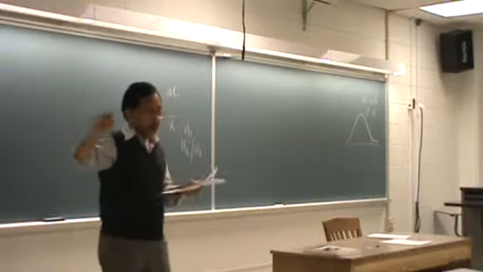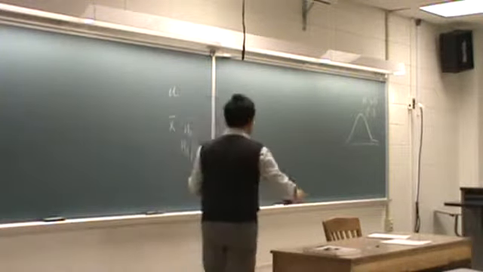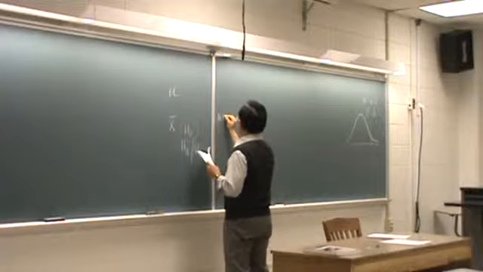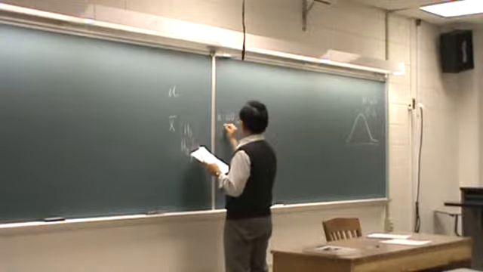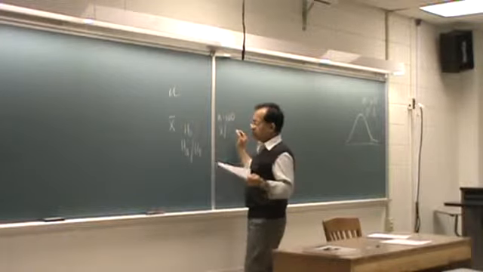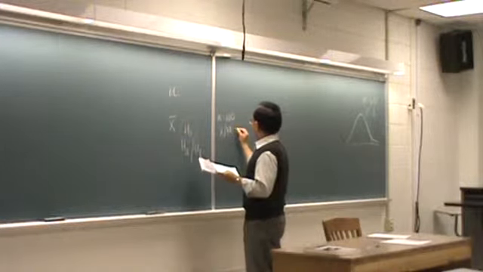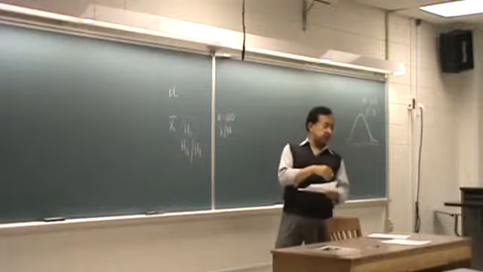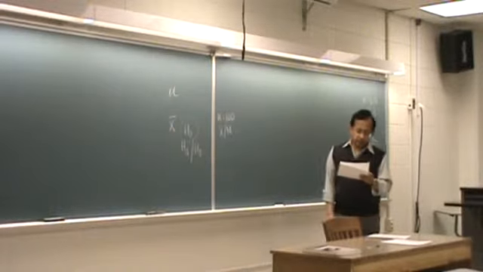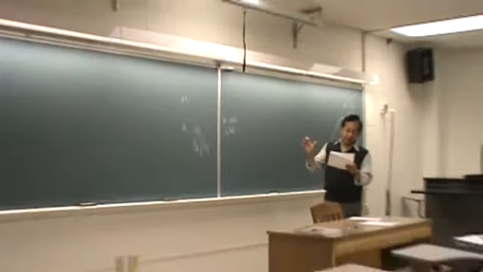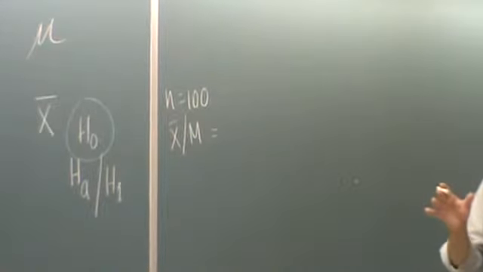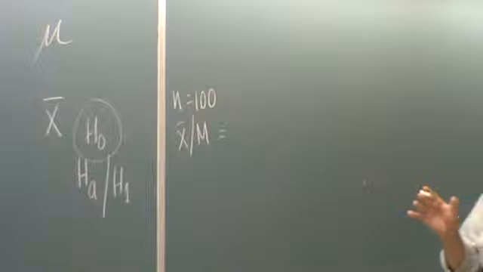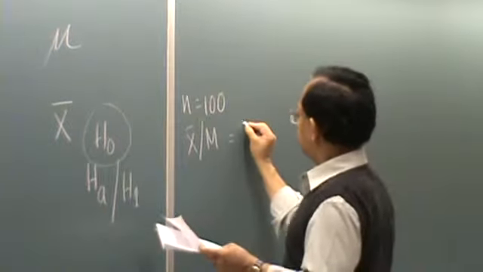From this test, now we are talking about a sample size of 100, and X bar, or in our book, remember, for the mean they used M in our textbook. From this sample of 100 people, we found that the sample mean score was 70.